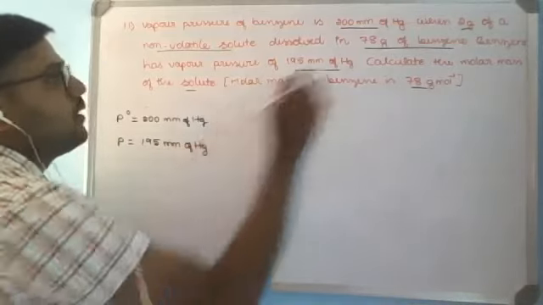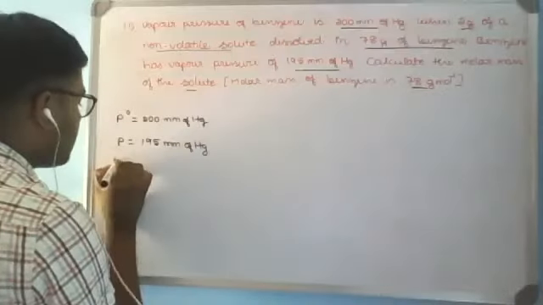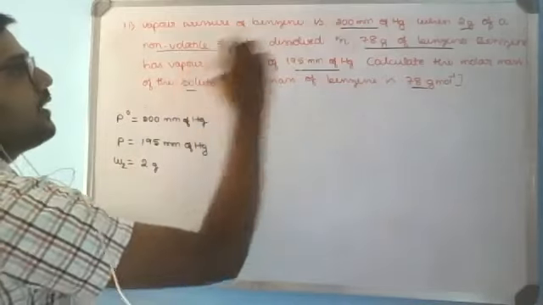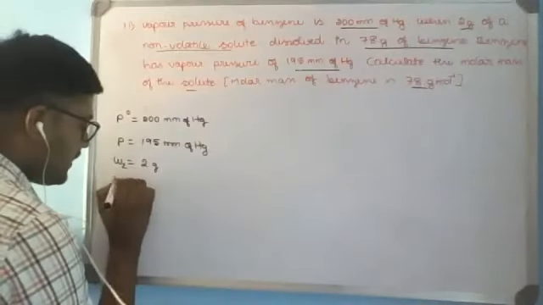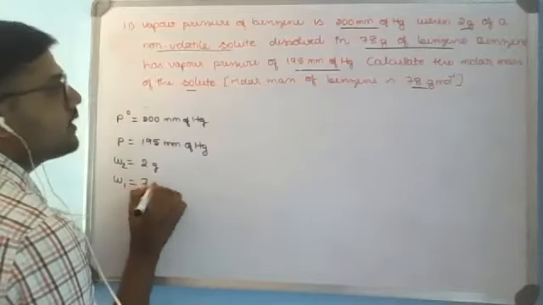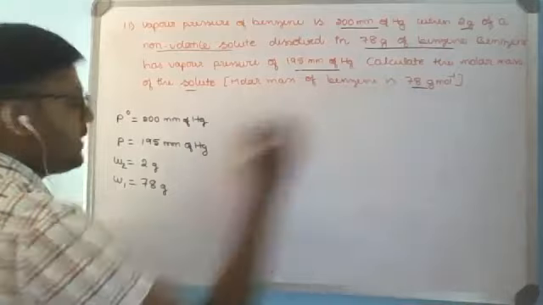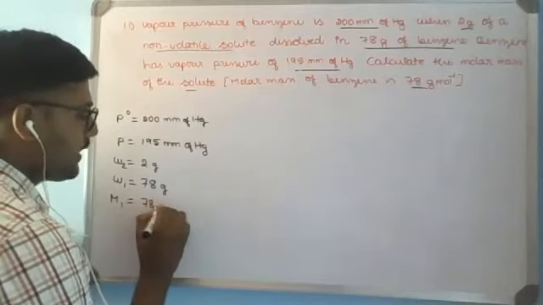The mass of non-volatile solute added is 2 grams, that is W2 is 2 grams, and it is added to 78 grams of benzene. Benzene is the solvent, hence W1 is 78 grams. They have given the molar mass of benzene, that is M1, 78 gram per mole.